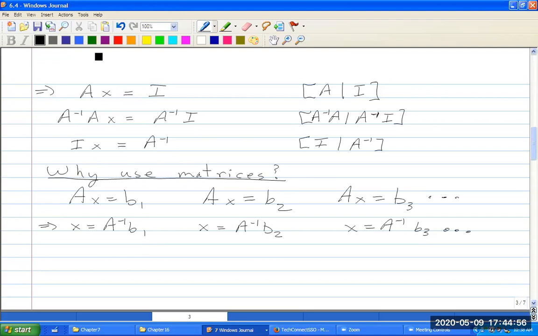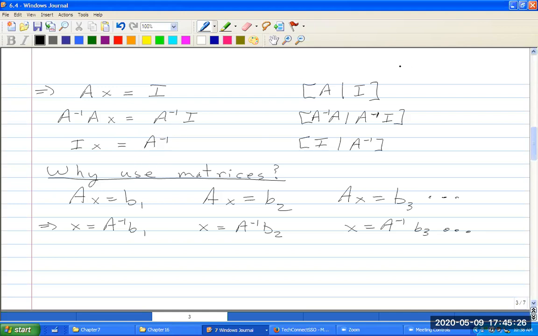Suppose I have the system of equations, coefficient matrix A times the variable matrix X is equal to the identity matrix. Then, if I multiply both sides of my equation by A inverse, I have that the identity times the matrix X is just equal to the inverse matrix of A.